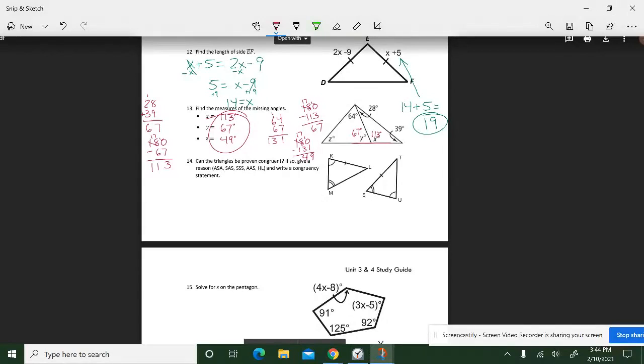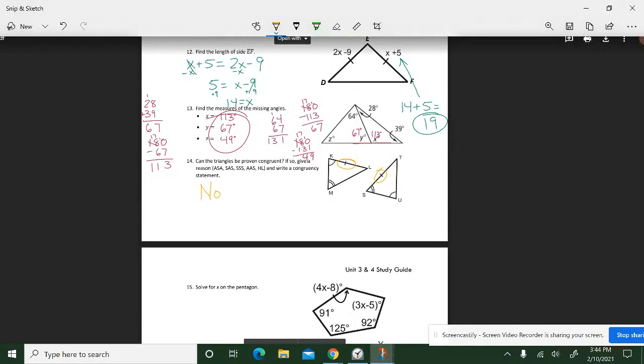Number 14, let's just keep switching colors here. Okay, number 14, we did go over this in class, and it's kind of a lengthy explanation, but it ends up that the triangles cannot be proven congruent. And the reason is because even though you have what appears to be angle, side, it isn't actually angle, side, because your two sides are not in the same spot.